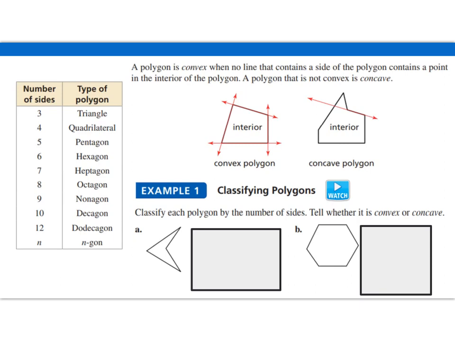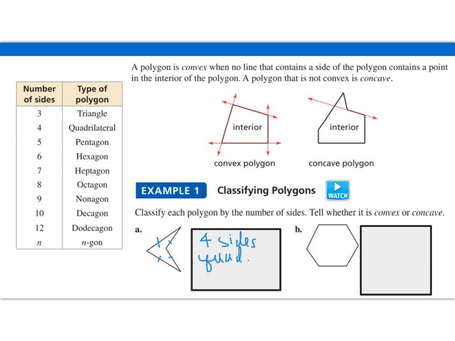Example 1 wants us to classify each polygon by the number of sides and tell whether it's convex or concave. For part A, we can see that we have 1, 2, 3, 4 sides, so it's a quadrilateral.